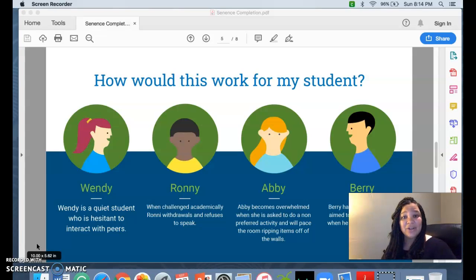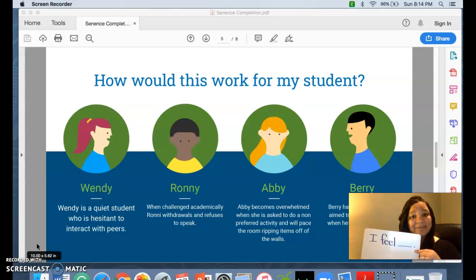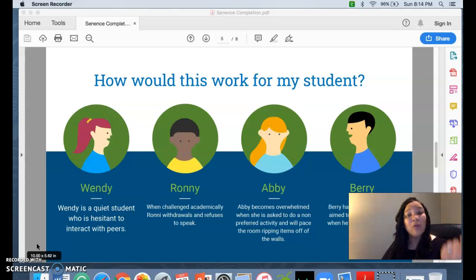So a sentence starter could be, I feel, and she can fill out the sentence. For instance, Ronnie, when challenged academically, withdraws and refuses to speak. So you can have a sentence starter: I feel overwhelmed when I am academically challenged.